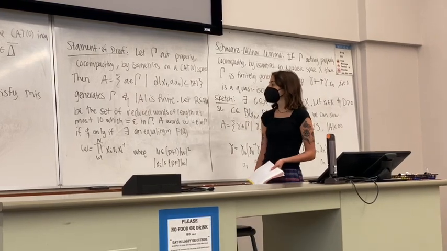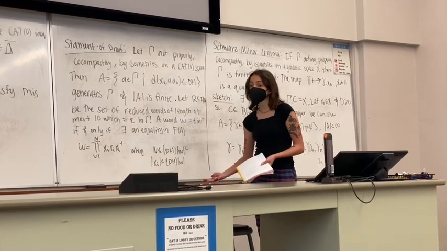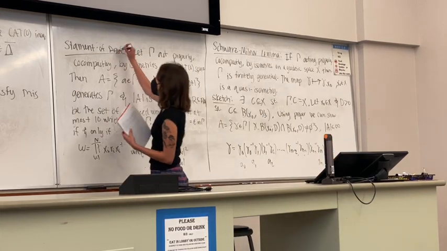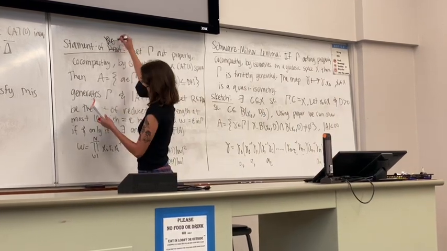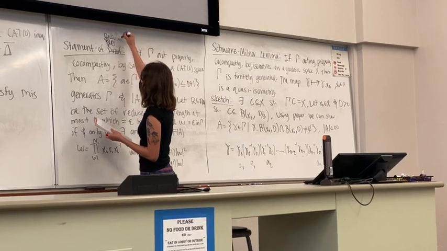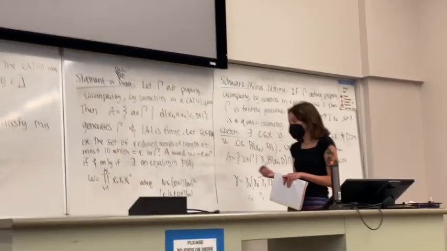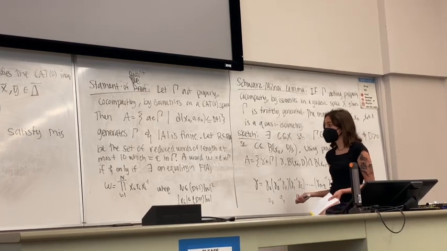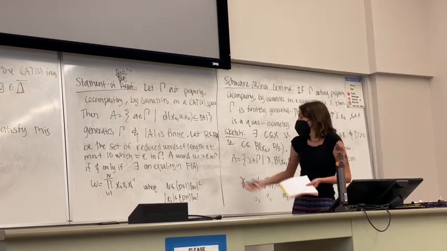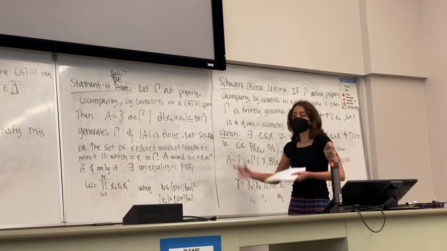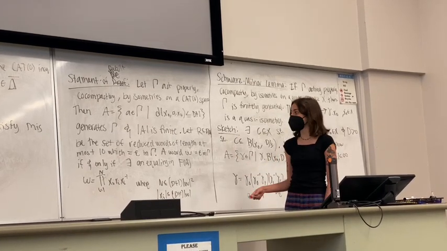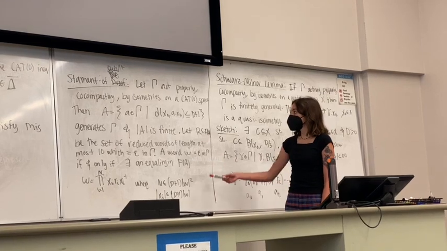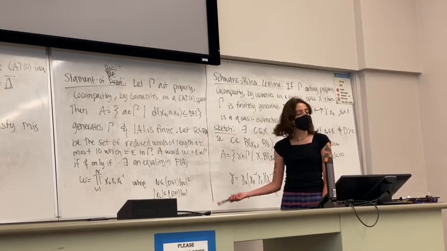The proof of this result is quite detail heavy, so I'm not going to be able to go over any of it today. But this is the main proof that I show, and we're able to show that in fact these groups have a solvable word problem.